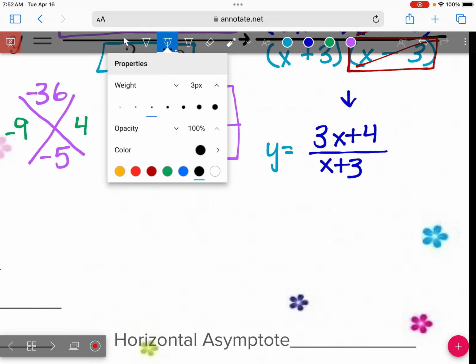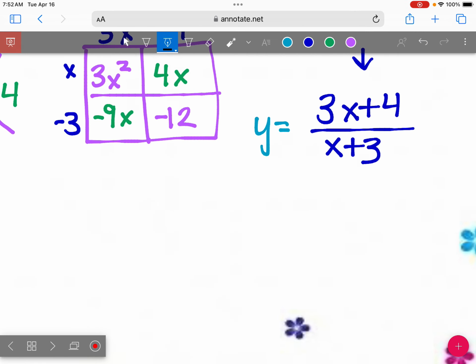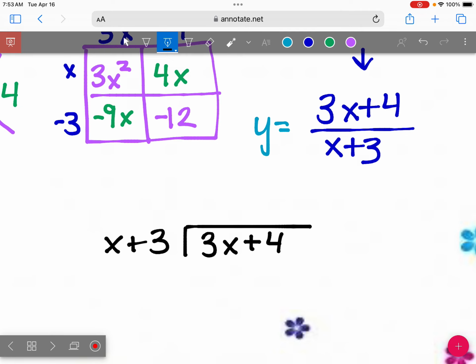All right, let's get this into transformation form. So we're going to do the long division where we take our 3x plus 4 and we divide it by x plus 3. What's going to go on the top? 3.